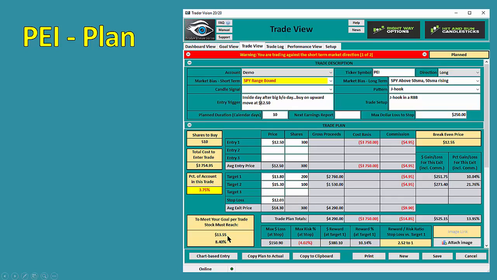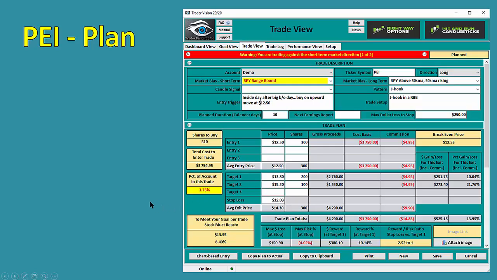And if I needed to sell everything to reach my goal, I only needed it to move to 13.55. So I think this is an excellent trade. It gives us about 2.5 to 1 reward to risk ratio, even to that first target, which is where TraderVision version 1 calculates to. So even to that first target, I can get 2.5 to 1.